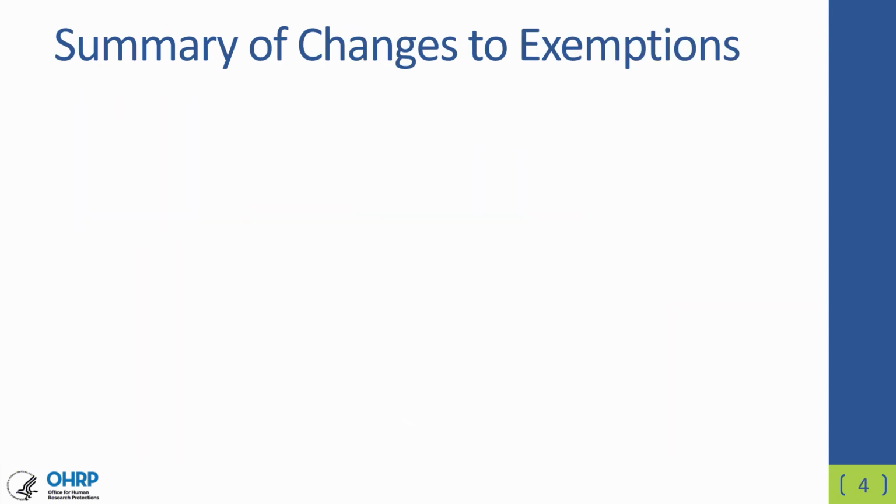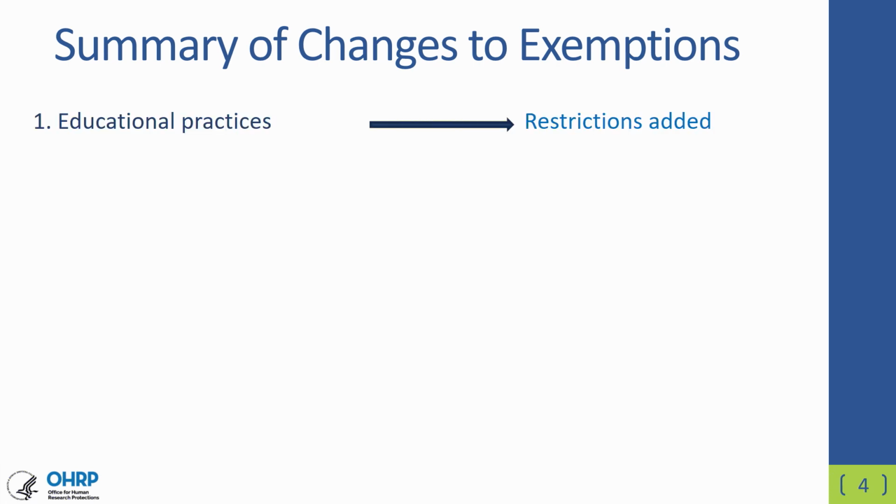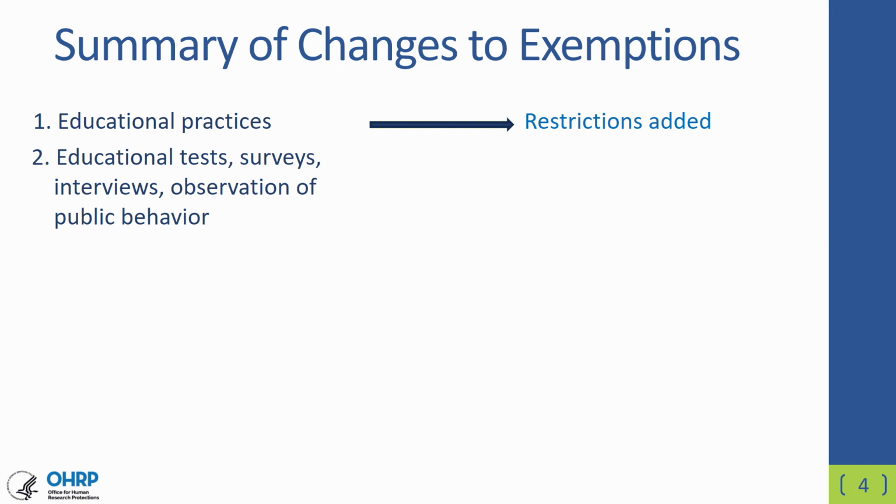Now let's talk about the exemptions themselves. This is a very general summary of the changes to the exemptions in the Revised Common Rule. Exemption 1 for educational practices has some new restrictions added. Exemption 2 for educational tests, surveys, interviews, and observation of public behavior has been expanded.